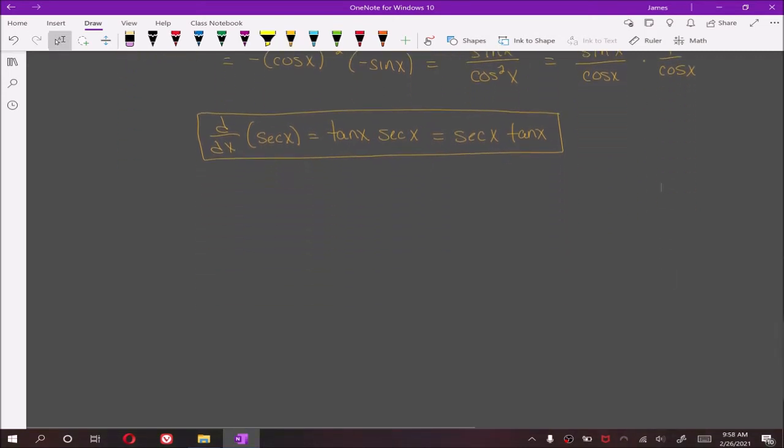Now let's look at the derivative of the cosecant function. So cosecant can be written as 1 over sine, or again as sine of x to the minus first power. This will give us negative sine of x to the negative second power times the derivative of sine.